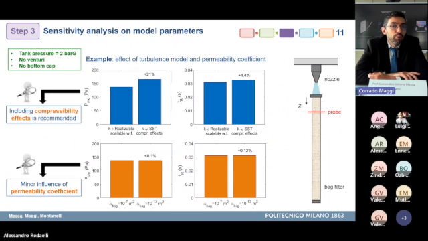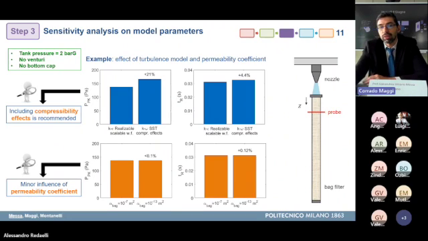And so how did we decide the best option? Well, we selected K omega SST with compressibility effects because clearly the flow is highly compressible here. And so we expected that including compressibility effects in the turbulence model would be scientifically sound.